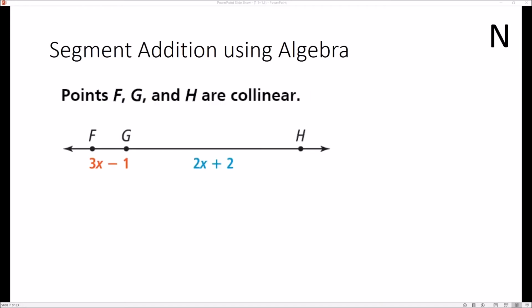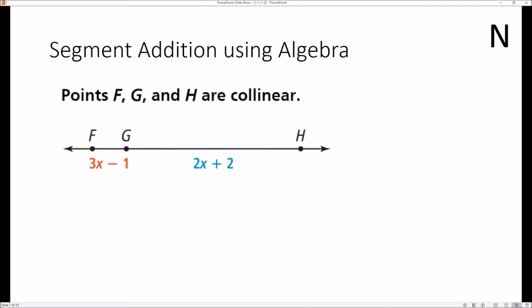That's also doing it arithmetically. Now we're going to look at doing it algebraically. So if I give you this segment, the segment FH, where G is in the middle, F is our A from the previous slide, H is our C, and G is our B. G is interrupting FH, and now you see that they have two algebraic expressions. 3x minus 1 is equal to the length of FG, and 2x plus 2 is equal to the length of GH.